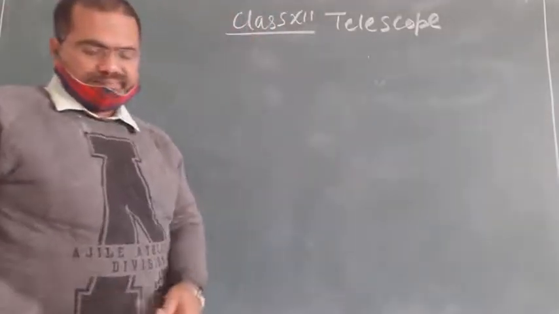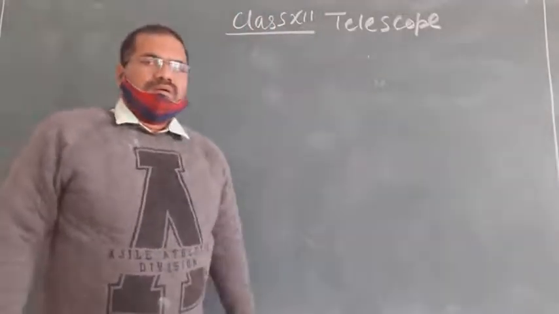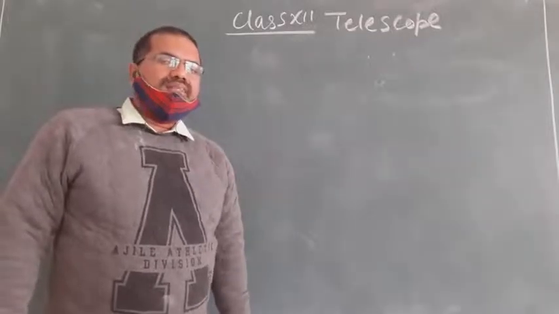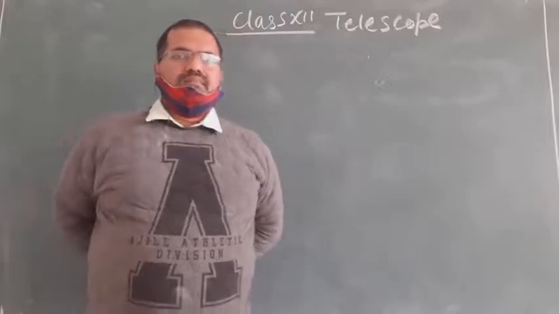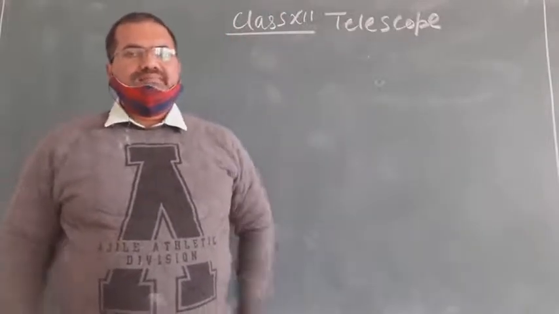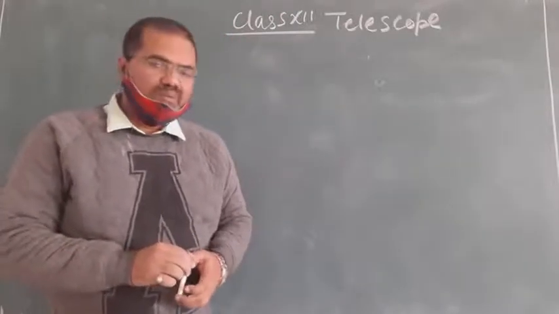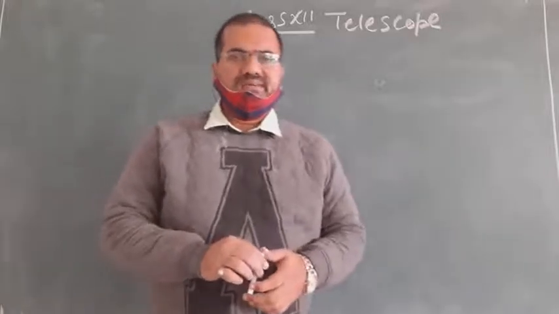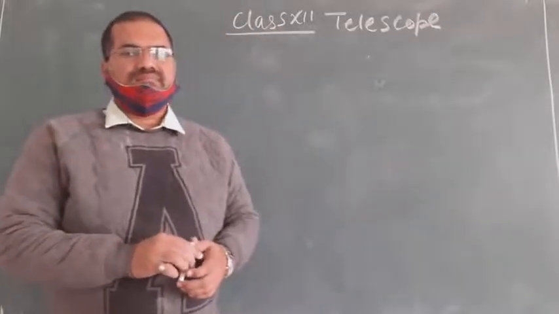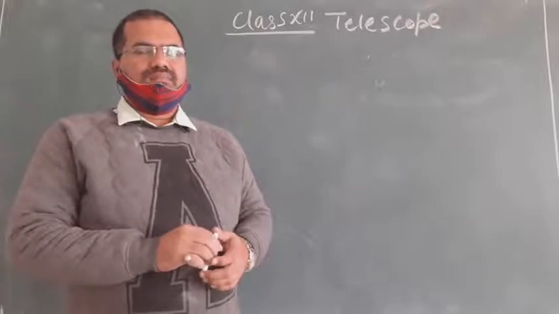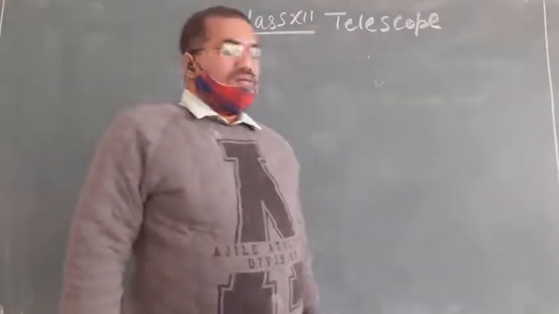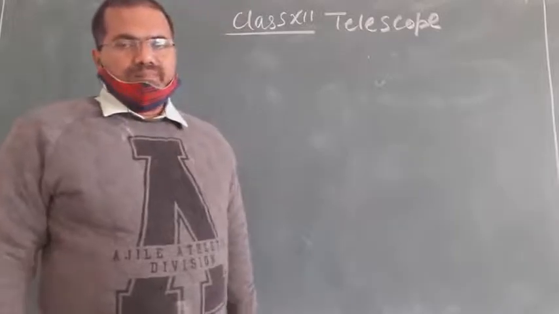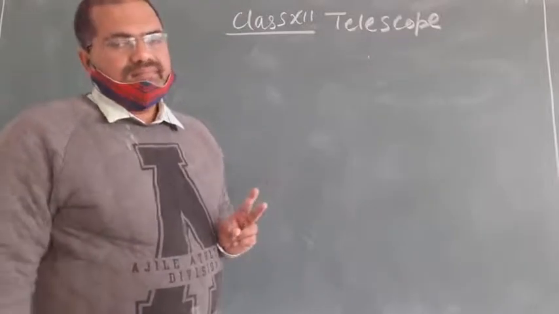A telescope is used to see objects like the moon, sun, etc. In a telescope, there are two lenses.